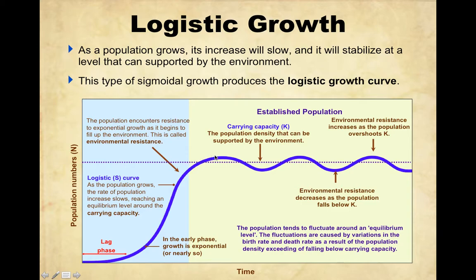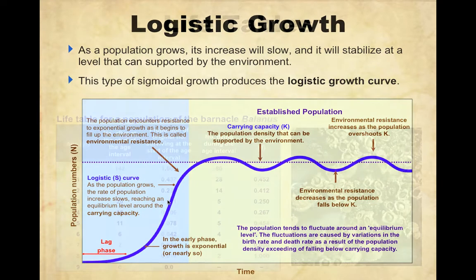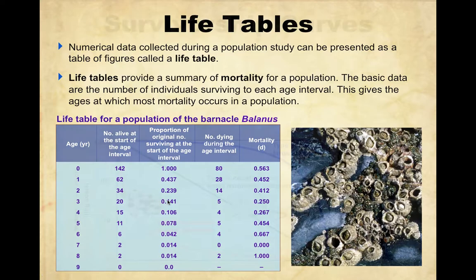It's going to overshoot carrying capacity, and then there's going to be a decline, okay? Once there's a decline and it's below carrying capacity, now there are resources available and it can grow again. And it's going to overshoot slightly and then go below. And it's going to continue to do that, and eventually it'll hover just below carrying capacity, and that's the maximum size of that population.